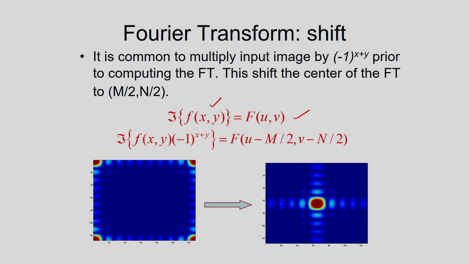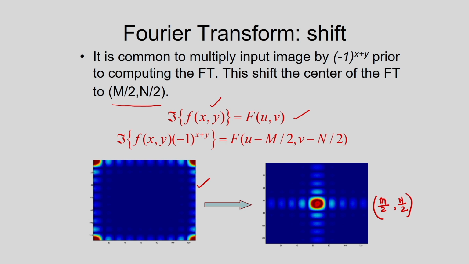This shifts the center of the Fourier transform to the point M by 2, N by 2. So, the center of the Fourier transform is this, and the coordinate is M by 2 and N by 2.